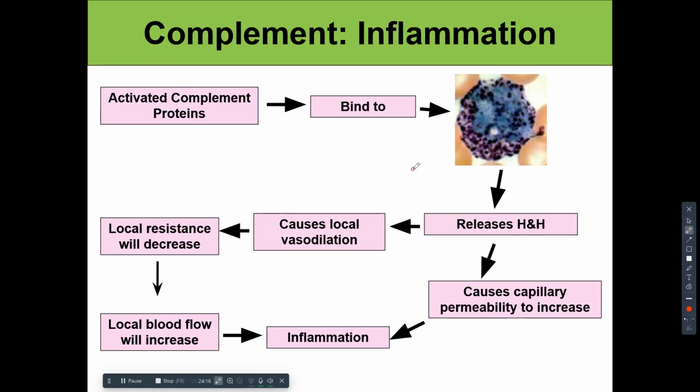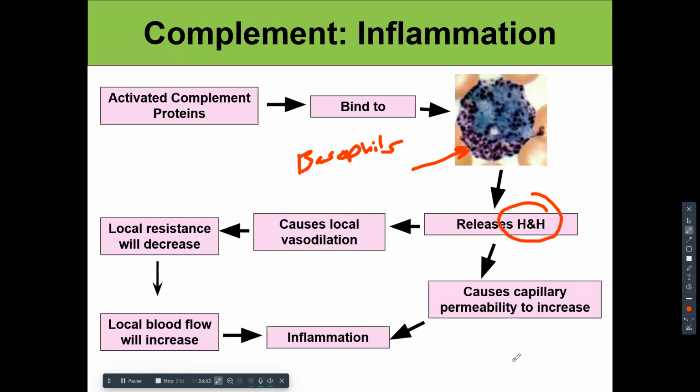You were probably wondering when we were going to talk about him, especially since we covered neutrophils and eosinophils not too long ago. This, of course, is, I know you were thinking of, basophil. And basophils, when they're stimulated by complement proteins, release those 2 H chemicals, histamine and heparin.